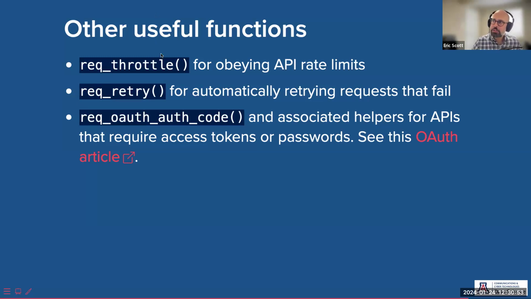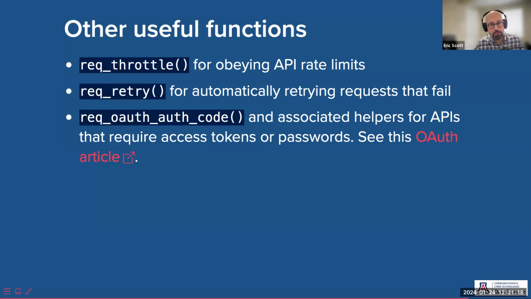In the HTTR2 package, I want to point out a few other important functions that you will maybe use. So many APIs have a rate limit where they won't let you make tons and tons of requests in a row. The Common Chemistry API either doesn't have one or they have not told us what it is, and we haven't run into it. But many APIs will tell you there's a rate limit.